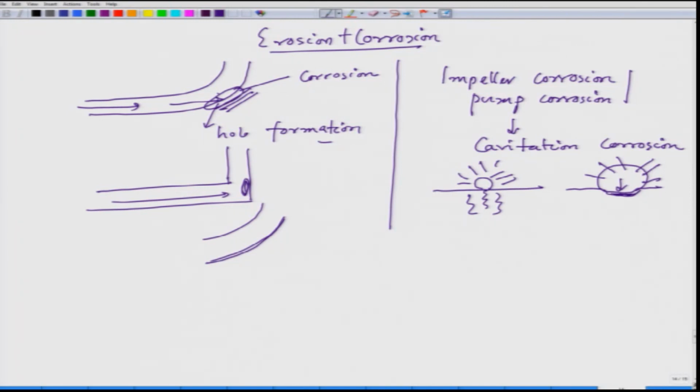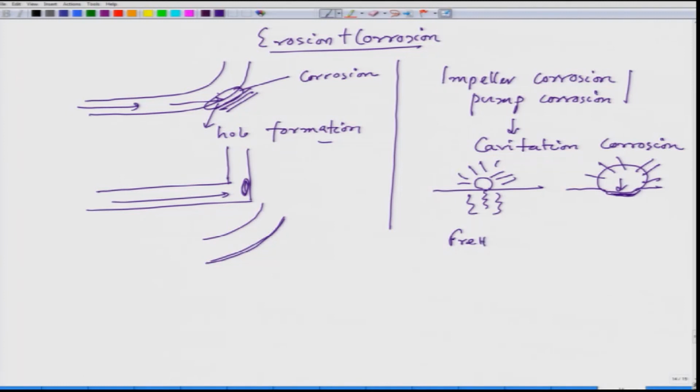Another special type of erosion corrosion is fretting corrosion. We do experience fretting corrosion near the fish plate. You might have seen a fish plate. This is basically where two adjoining rails are joined by a fish plate.